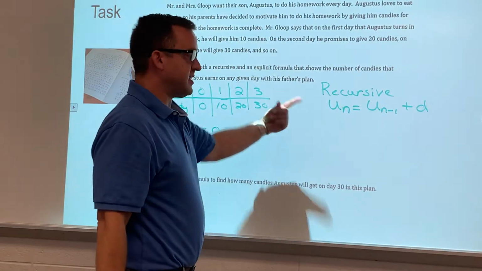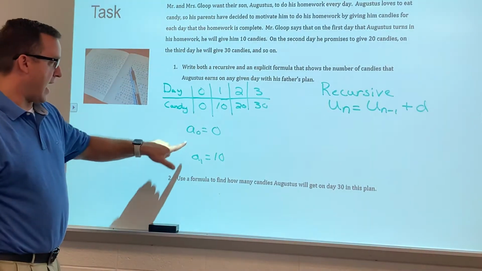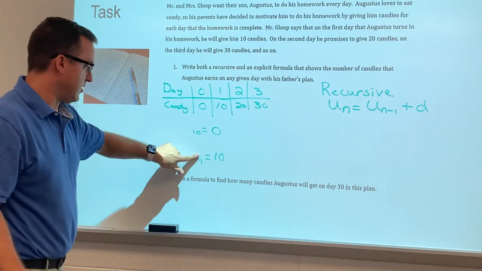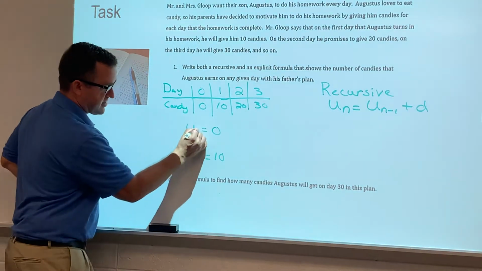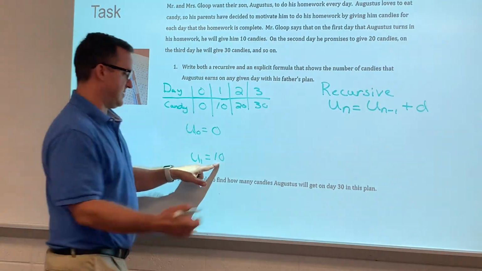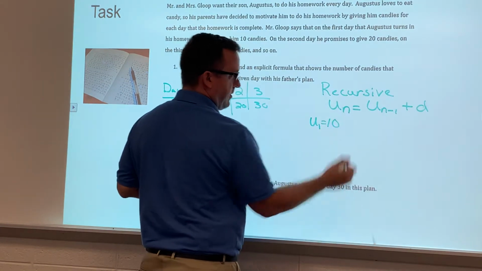And then we just need to identify, well, where do we start? I'm going to switch this from a sub 0 to u, since I used u over there. And I'm just going to say, well, let's start at 10. So u sub 1 is equal to 10.